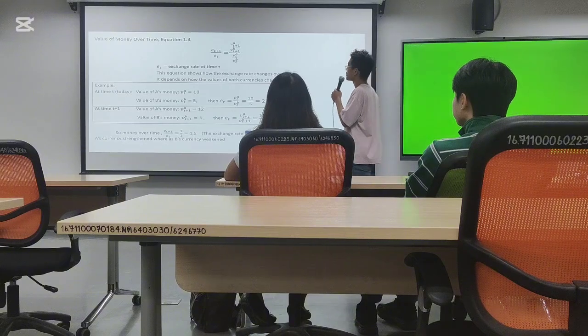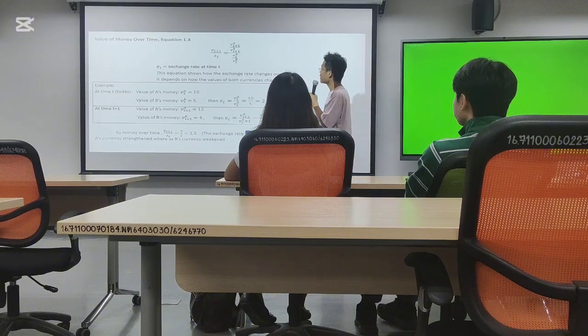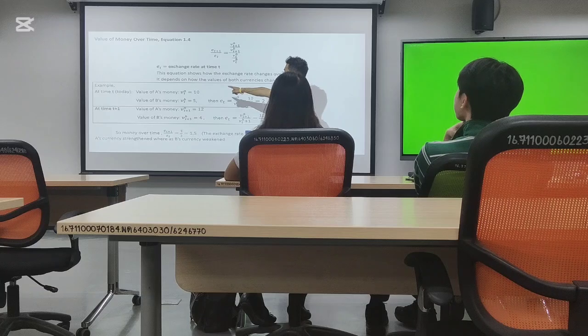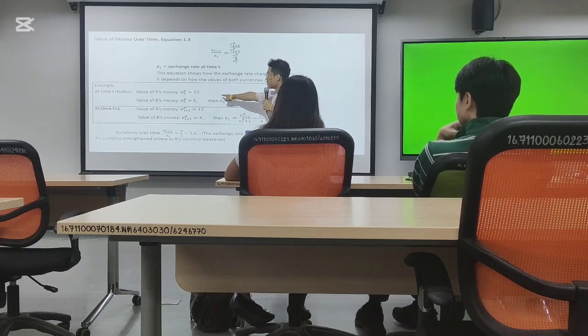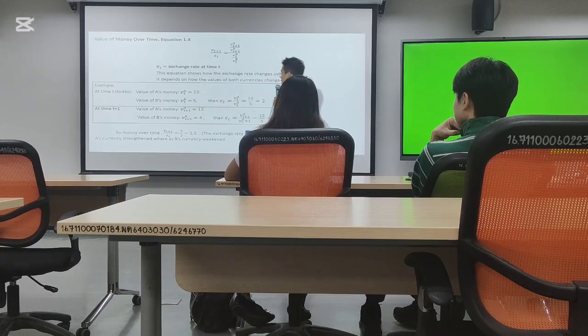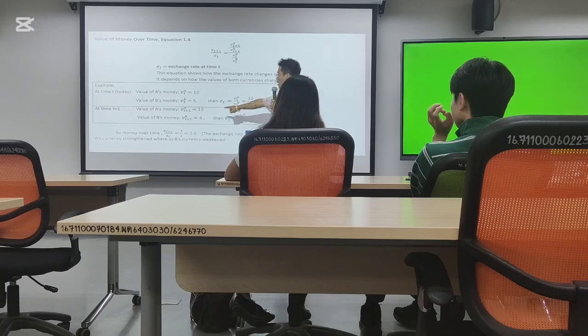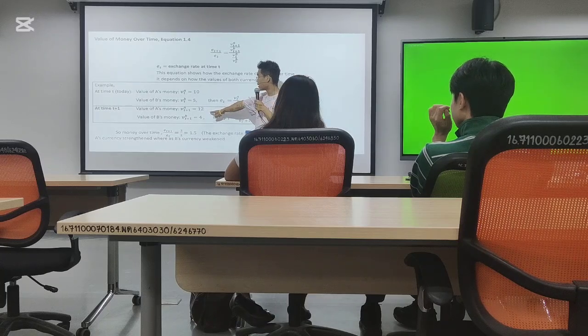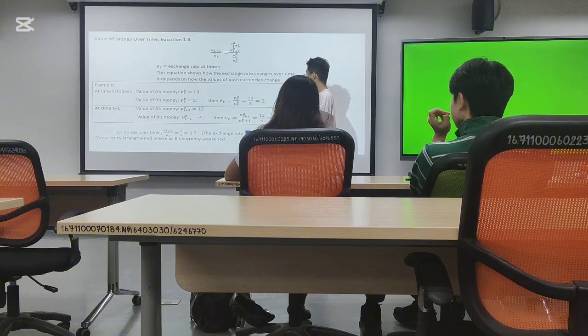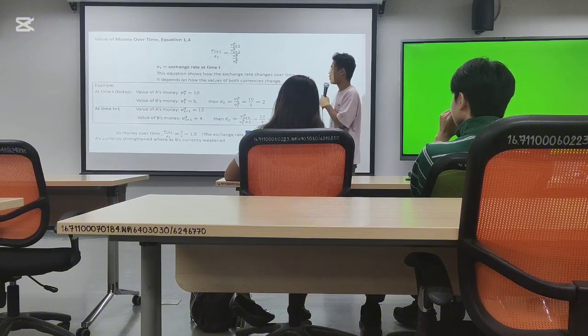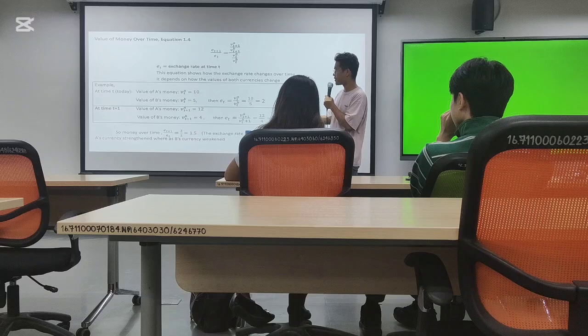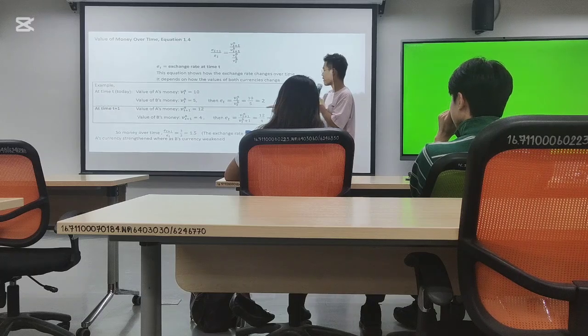Let's look at time T: the values of A, VAT, is 10, and B is 5, so we calculate 2. This is the present. At time T plus 1, A moves to 12 and the value of B's money is 4. Then we get 3.